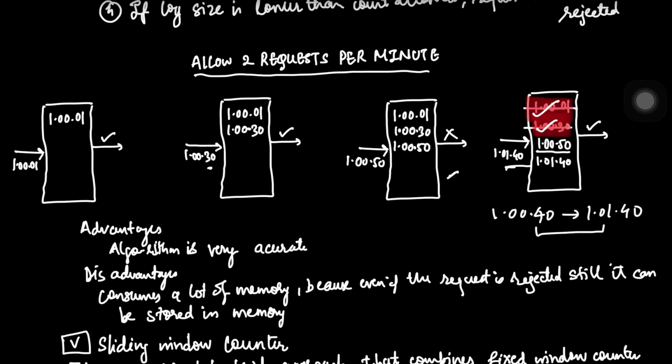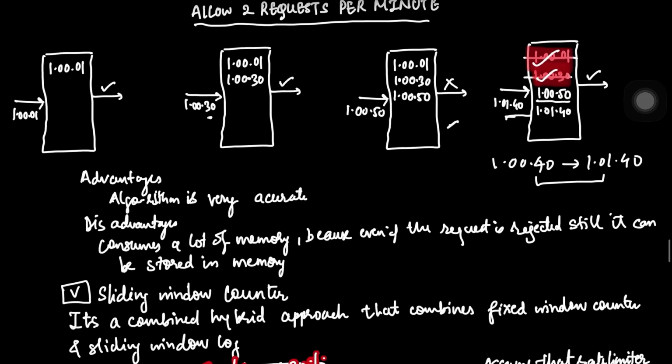But if you talk about the disadvantages, it consumes a lot of memory, because we are storing an actual timestamp for every single request, even the ones that got rejected. If you see over here, this particular request got rejected, but we were still storing it in our window, and that is why the memory footprint can explode. Not only the requests which got rejected, but the accepted ones also.